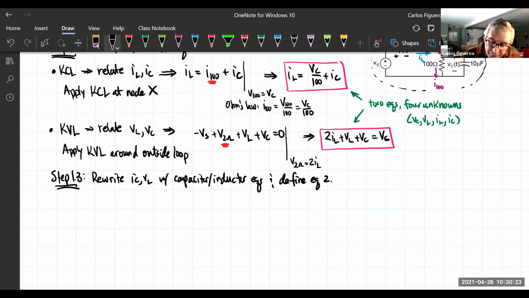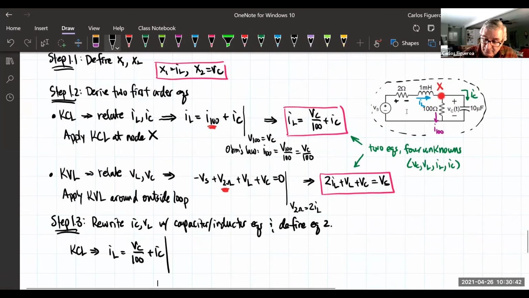So if I look at my KCL equation, you could see that IL is going to be VC over 100 plus IC. So let's keep bringing that circuit down with us. Let me find my mouse.